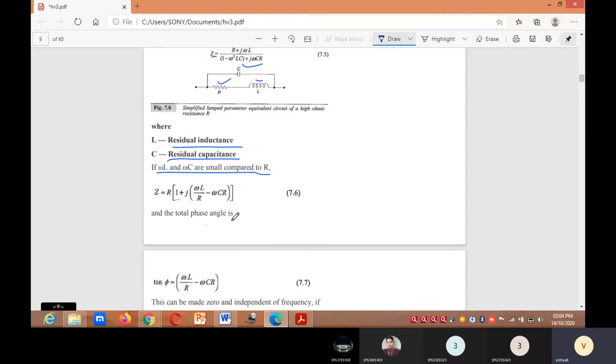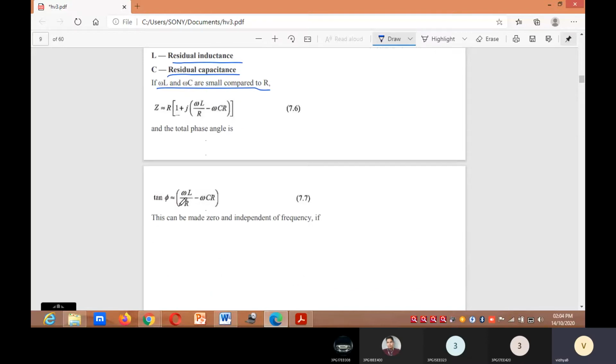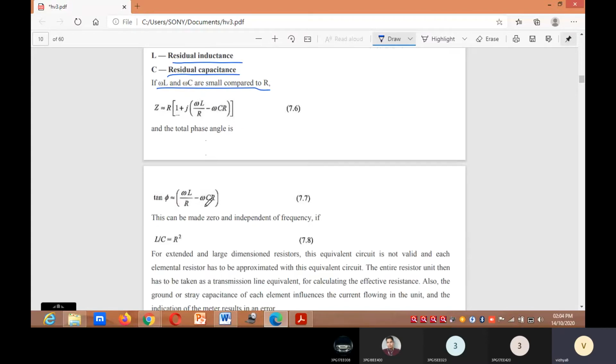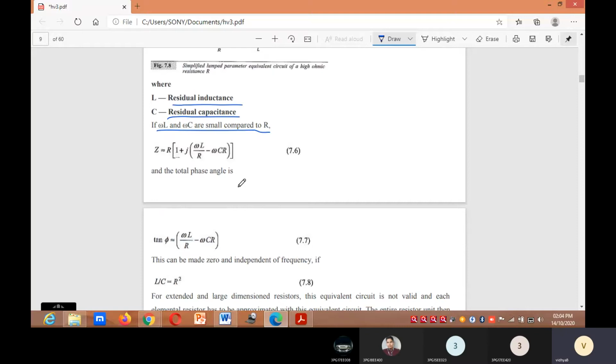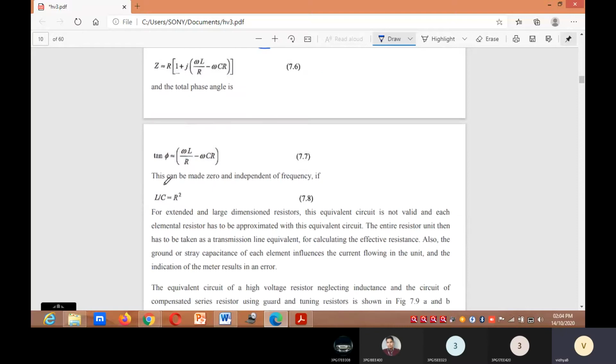And the total phase angle is tan φ = ωL/R − ωCR. This can be made zero and independent of frequency if L/C = R².